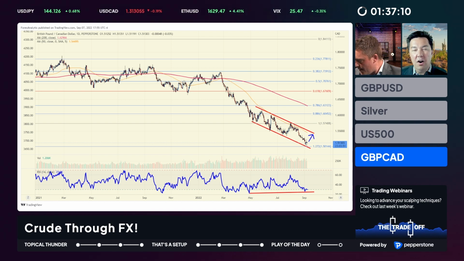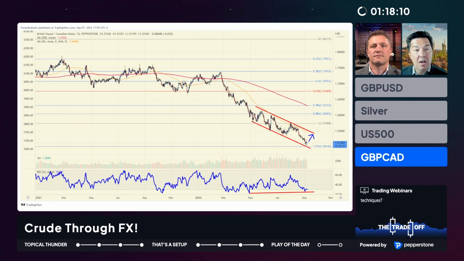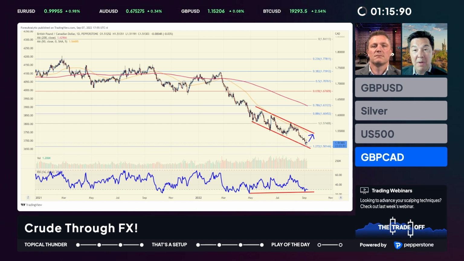You'll notice we're at a 127% extension of a big range. The range low is January 2017. The range high, which you don't see on this chart, is actually the March 2018 highs. The 127% extension of that number comes in right where we pivoted off today. We got a nice bullish outside day on that chart.